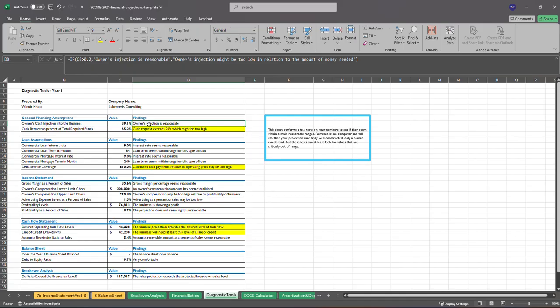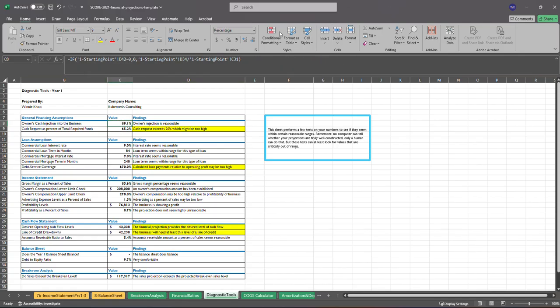If it's less than 20%, then the owner's injection might be too low in relation to the amount of money needed. So right now, I'm sitting at 90%.